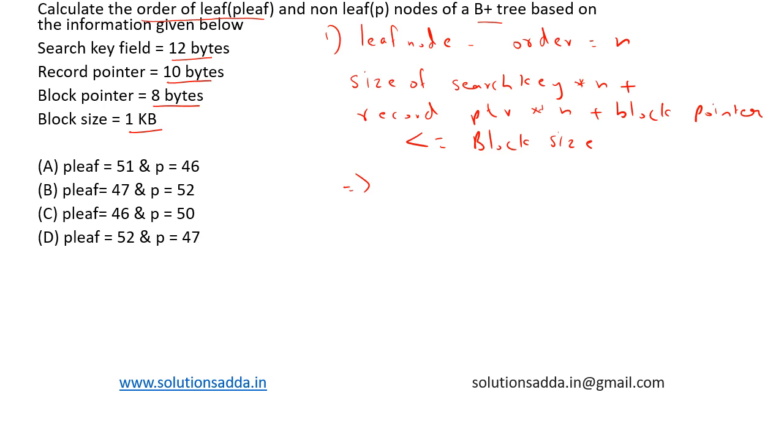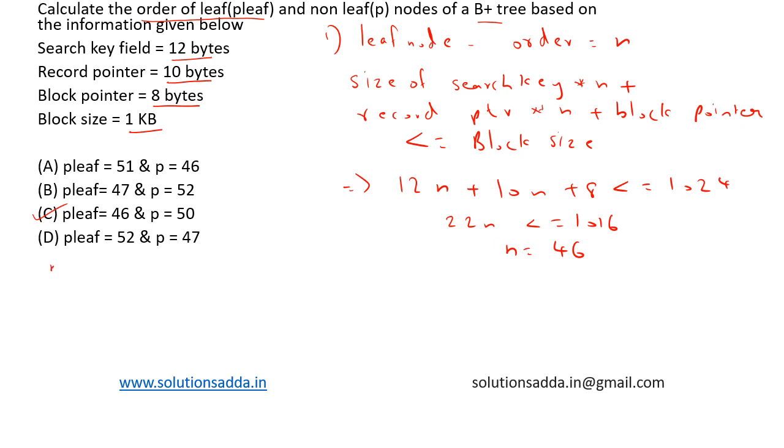Substituting the values, we will get 12 into n plus 10n plus 8 less than or equal to 1024. We will get 22n is less than or equal to 1016. Solving, n will be equal to 46. So now itself we can get the answer that option C is the right answer as n is equal to 46 here. But let's solve it for non-leaf node also.